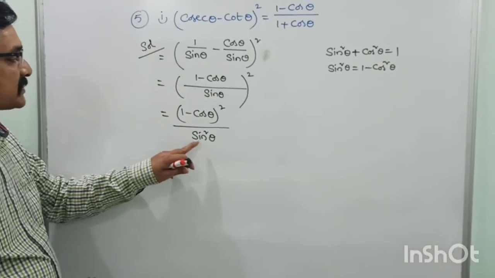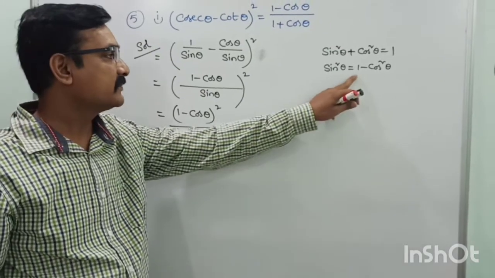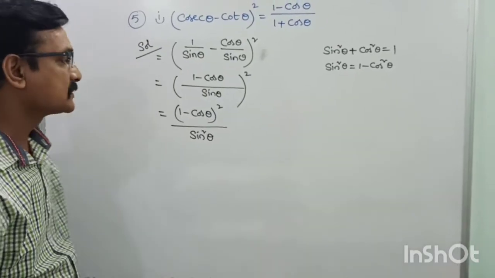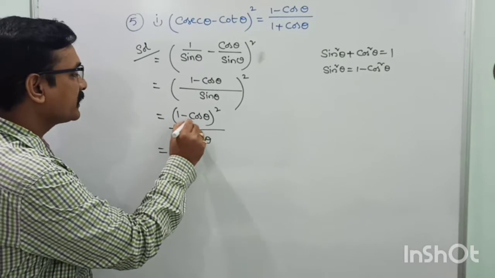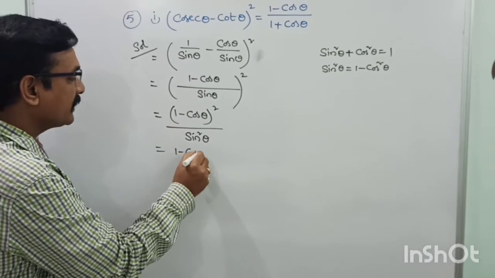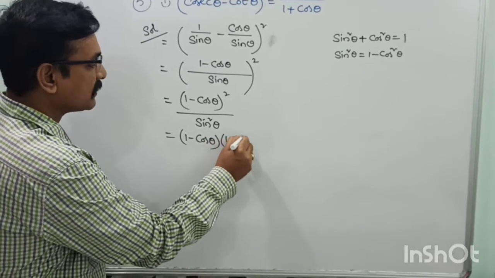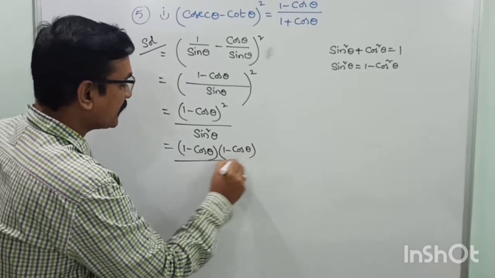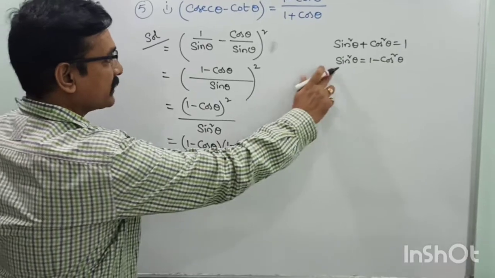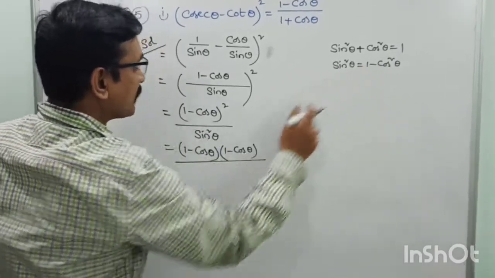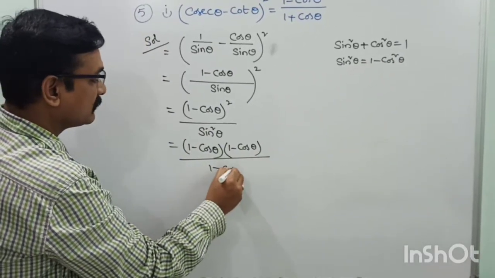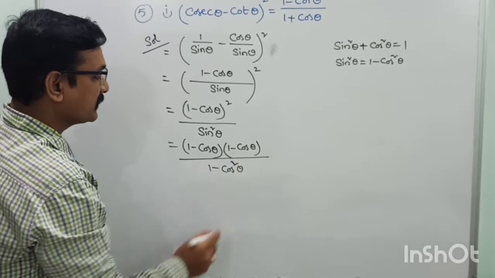Now instead of sine square theta replace with 1 minus cos square theta. Now numerator (1 minus cos theta) whole square we can write as (1 minus cos theta) into (1 minus cos theta), by sine square theta replaced with 1 minus cos square theta.